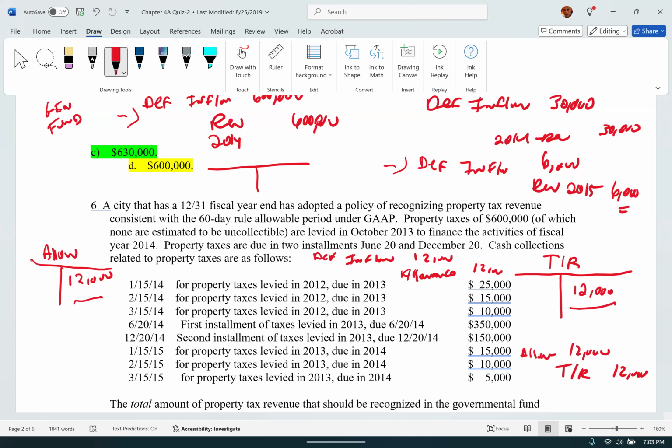And a change in accounting estimate says, hey, you don't go back and fix. You just move forward with the new estimate, trying to hit the right target as necessary. I'm talking government-wide now at this point. For the fund level, something like this would happen because I didn't collect it. It's probably never going to get into revenue, so let me take it out of deferred inflow. But even that is probably somewhat of an estimating process.